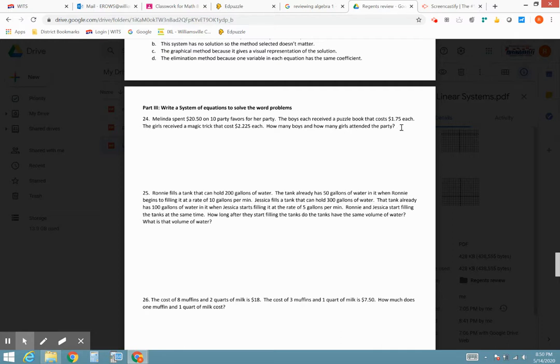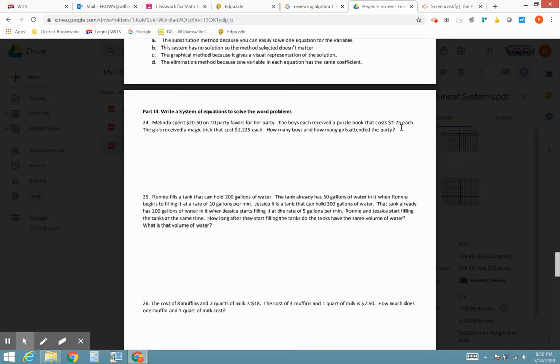Okay, so we have puzzle books, and so I'm going to say let P equal the number of puzzle books and let M equal the number of magic tricks. So puzzle books plus magic tricks should equal 10 because she bought 10 party favors.